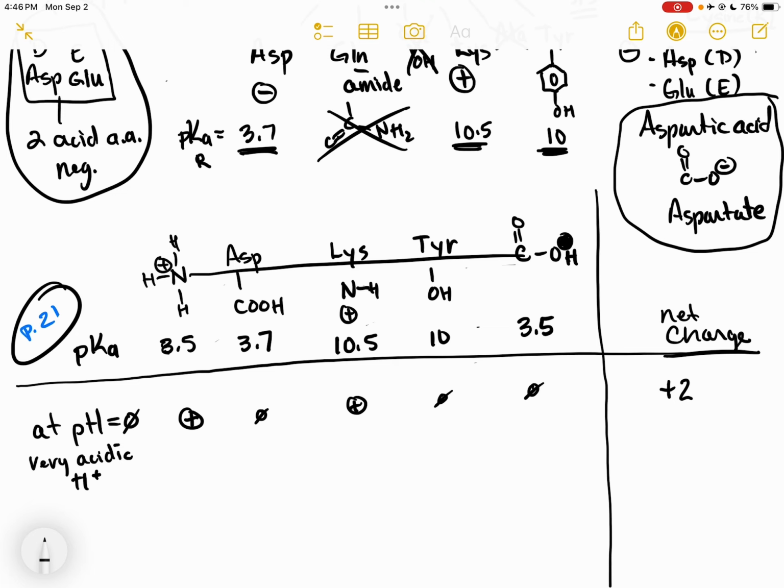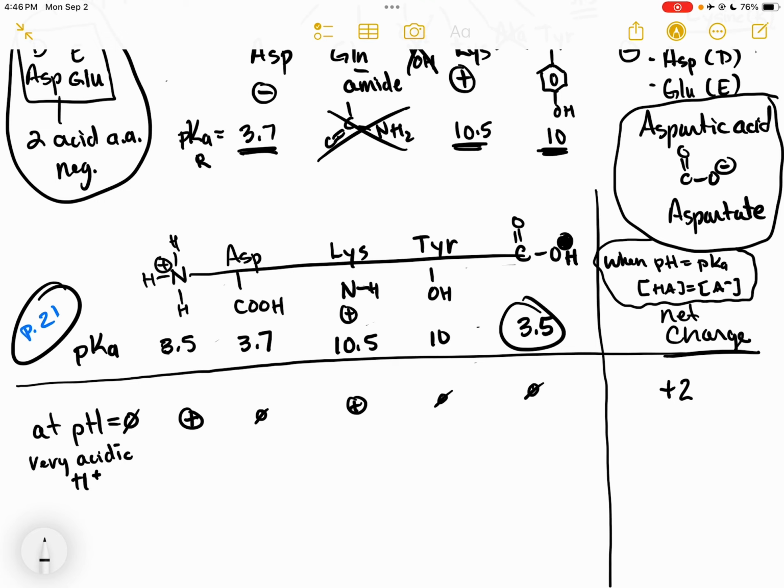We've got 8, 3.7, 10.10, and 3.5. So at 3.5, we know that when pH equals pKa, we have an equal amount of the acid form and the conjugate base form, right?